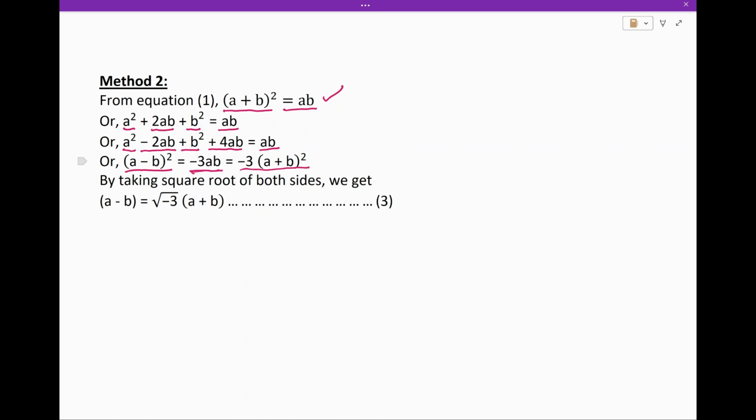So you get (a minus b) whole squared is equal to minus 3 multiplied by (a plus b) whole squared. Taking square root of both sides, we get a minus b is equal to square root of minus 3 multiplied by (a plus b). Let us call it equation 3.